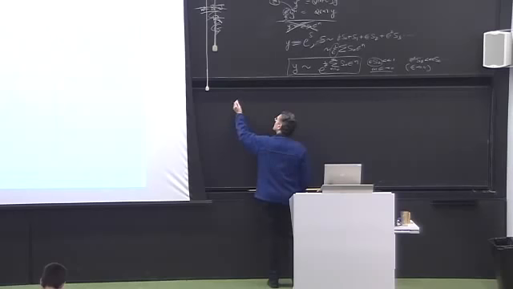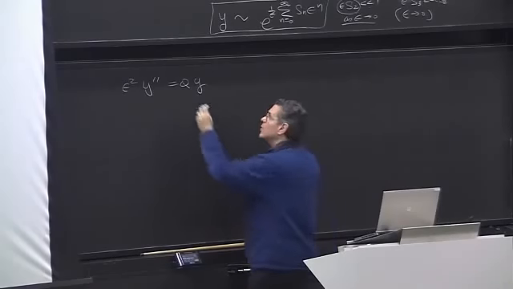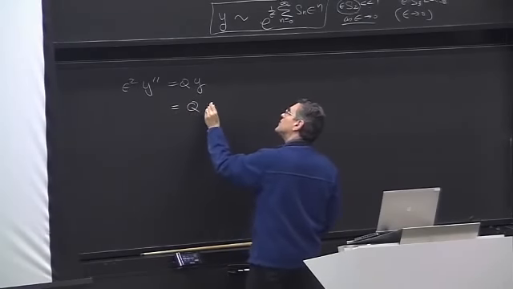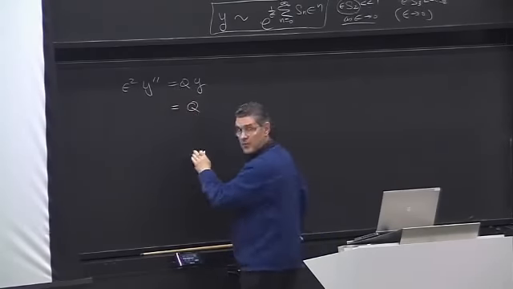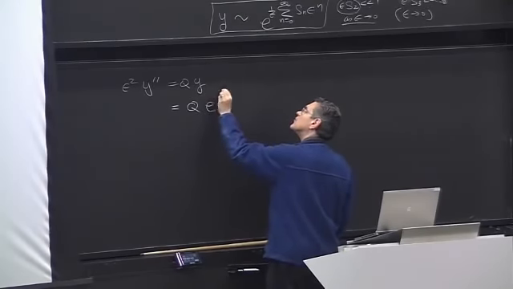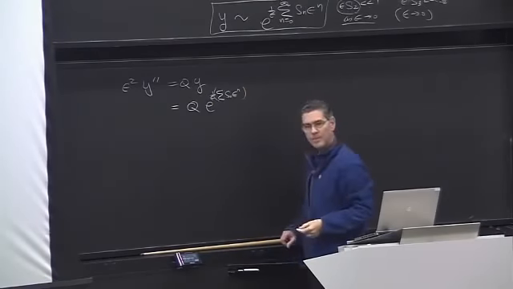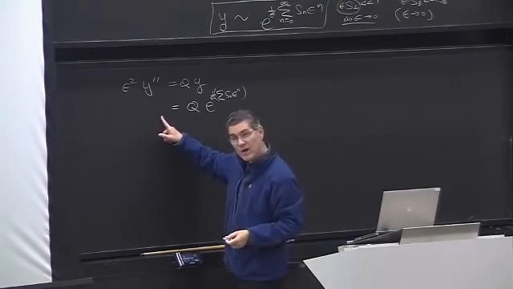We're beginning with the differential equation epsilon squared y double prime equals q y. So on the right-hand side, if we substitute this perturbation series, we get e to the 1 over epsilon sum of s sub n epsilon to the n. And on the left side, we have y double prime.